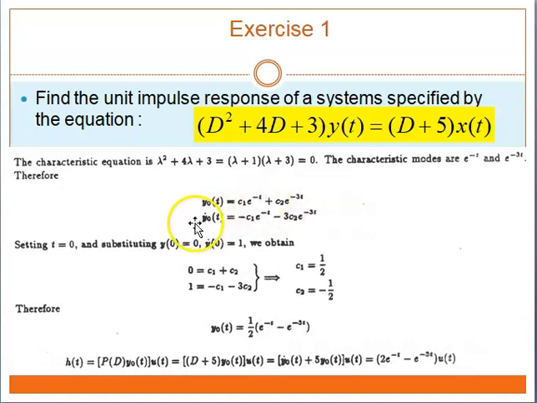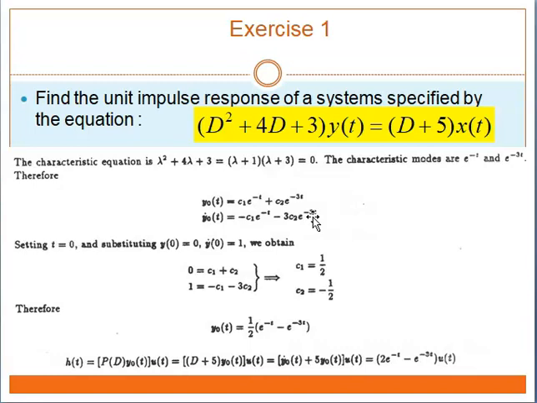After that, differentiate your y0(t). So you will have y0 dot (t) is equal to minus C1 exponent minus t minus 3 C2 exponent minus 3t.